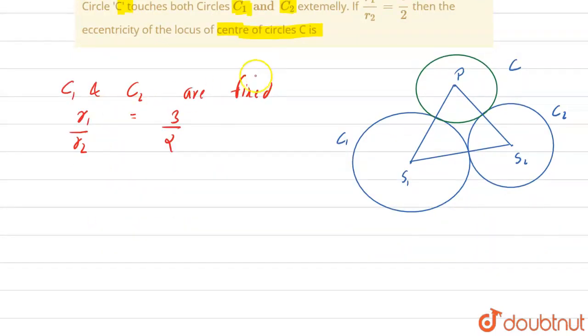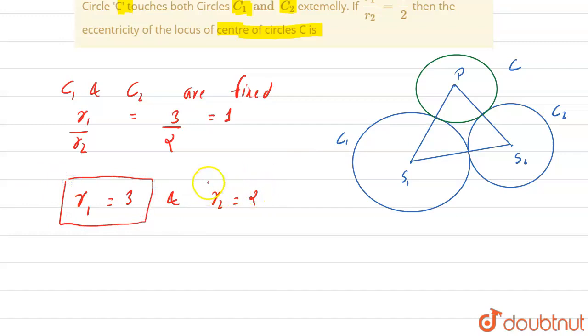Now if we take the common factor to be 1, then R1 equals 3, and R2 equals 2, which has no effect on our calculation. You can also see in the figure that this distance is R1, this is R2, and this is also R1, and this is R2, and let this distance be R.